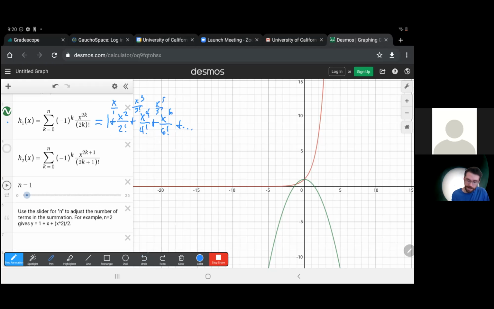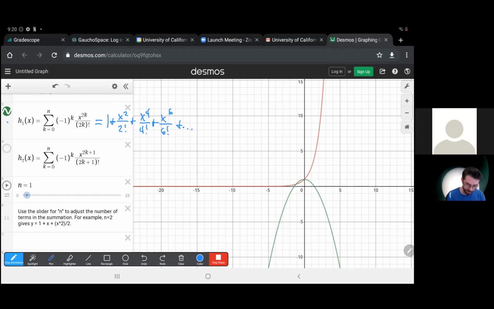But it's sort of like the even component of e to the x. So it's like the even component of what we worked with a second ago, but it's alternating, right? It's not all positive. It switches plus minus, plus minus.